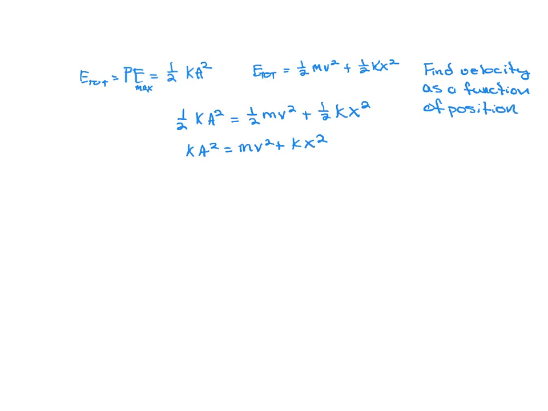So I want to solve for the v in this equation. So I'm going to move the kx squared to the other side, factor out a k, and then divide both sides by mass.